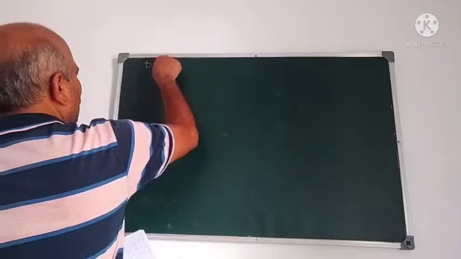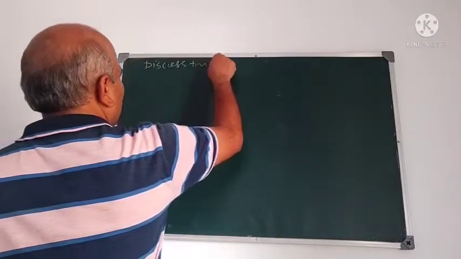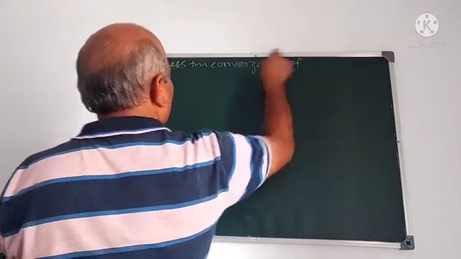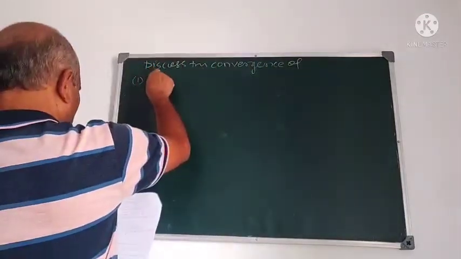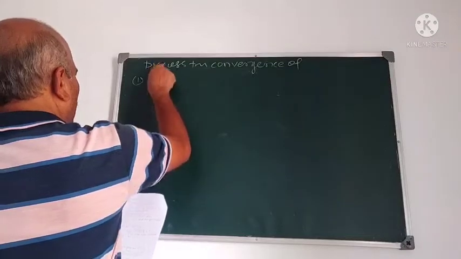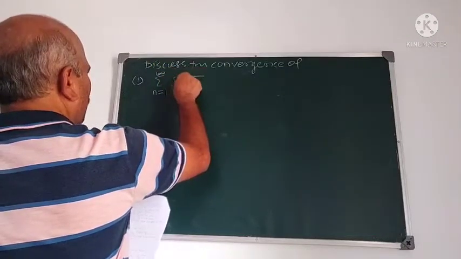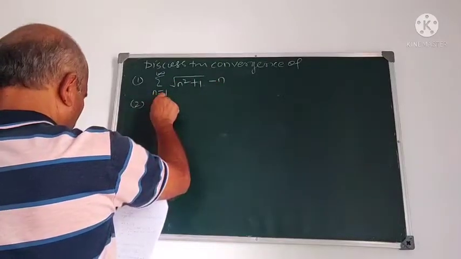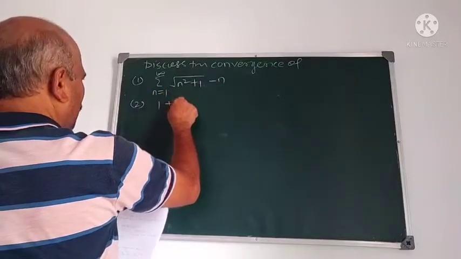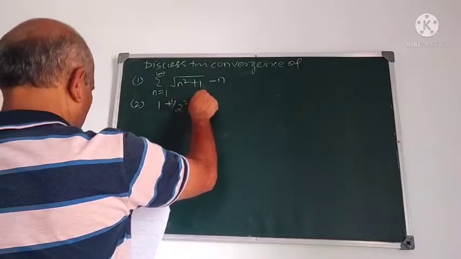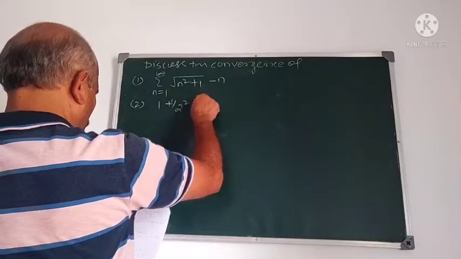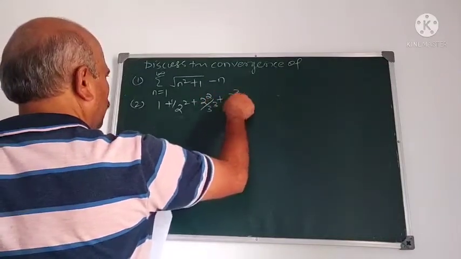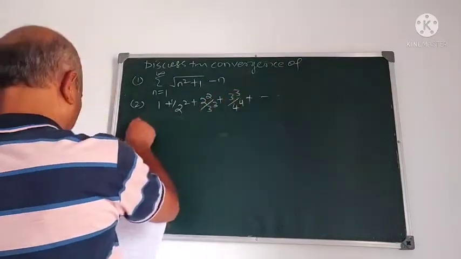Discuss the convergence of the following. First one, sigma n from 1 to infinity of square root of n square plus 1 minus n. Second, 1 plus 1 upon 2 square plus 2 square by 3 cube plus 3 cube by 4 raised to 4 plus so on.